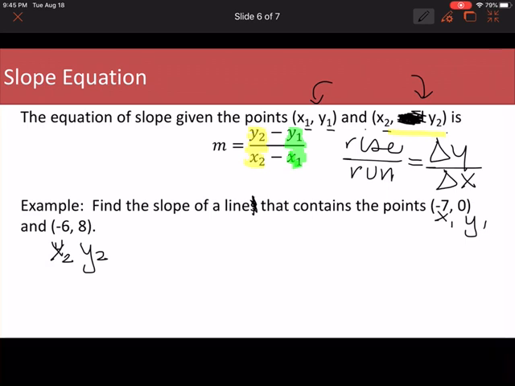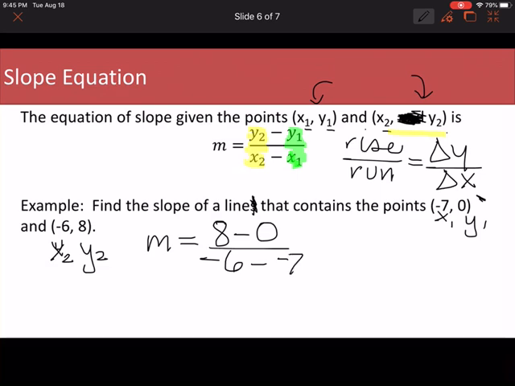Again, it doesn't really matter because if (-6, 8) came first over here, then that would have been x1, y1. And yes, the slope is the same. So slope equals, yes, I like to put the m, y2 minus y1, so it's 8 minus 0 over -6 minus a -7.